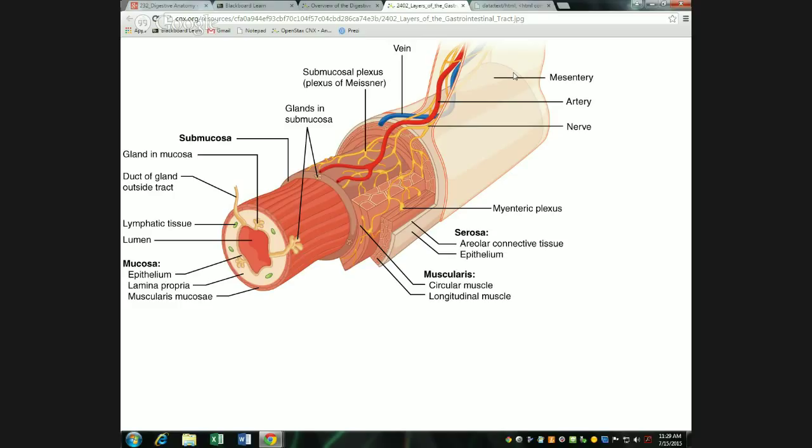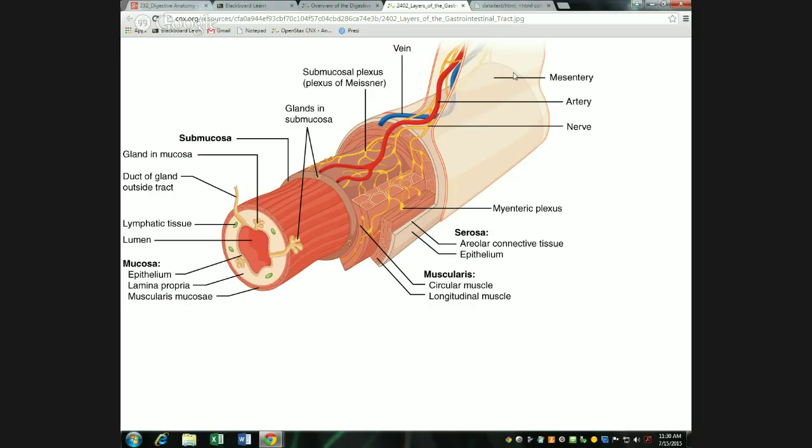This is the mesentery of the transverse colon. So the serous membrane wraps around the organ itself, and then it extends back. And in the case of the transverse colon, it reaches back and attaches to the posterior body wall at that same level, which helps to keep the transverse colon in place. If it weren't there, then the transverse colon would just fall down to the bottom. So it keeps the colon up in place.